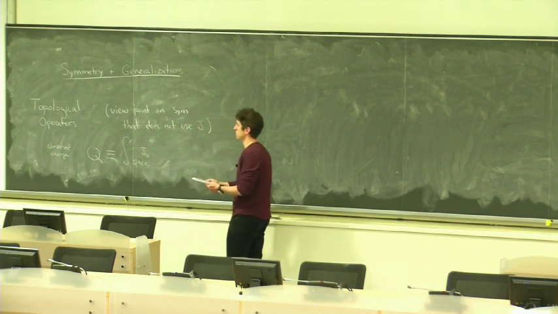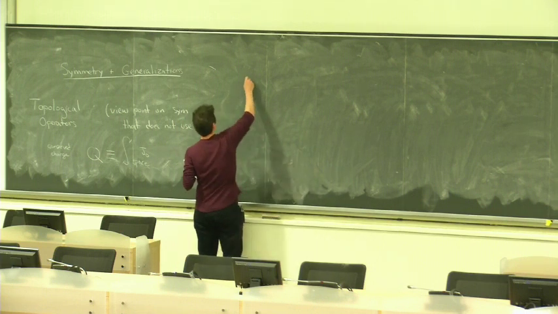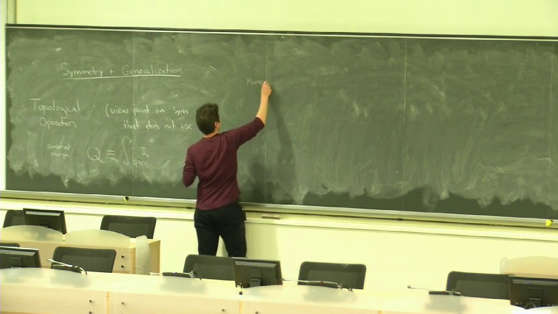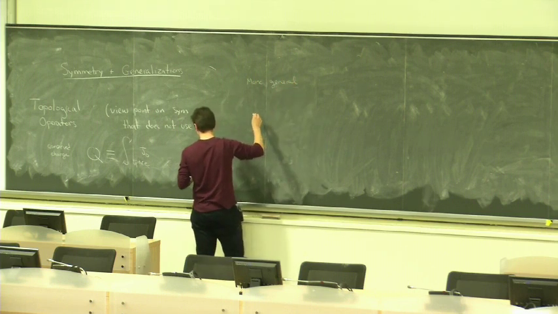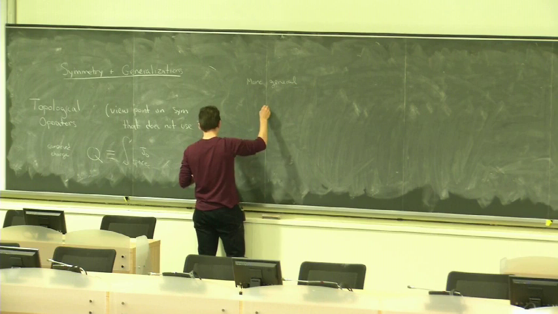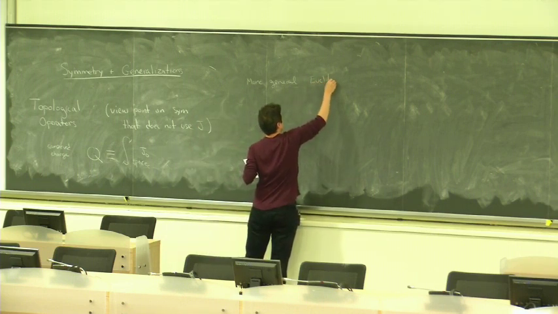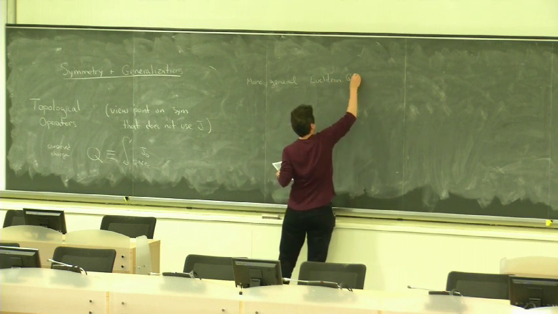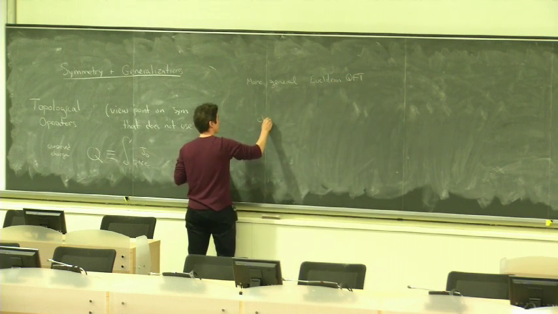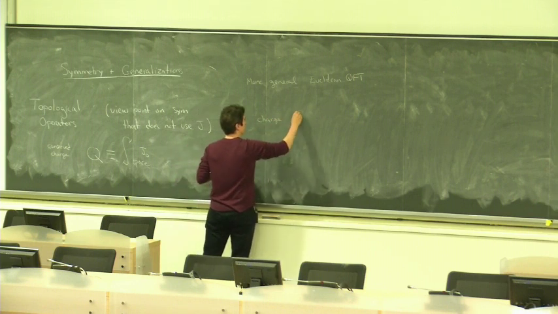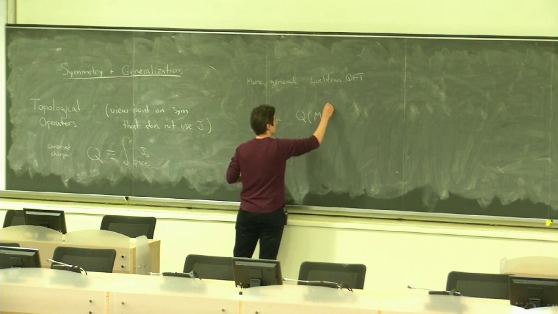If we want to do QFT in Euclidean signature, what are we supposed to do? More generally, for Euclidean QFT, we can define a charge Q which depends on some d-1 manifold.